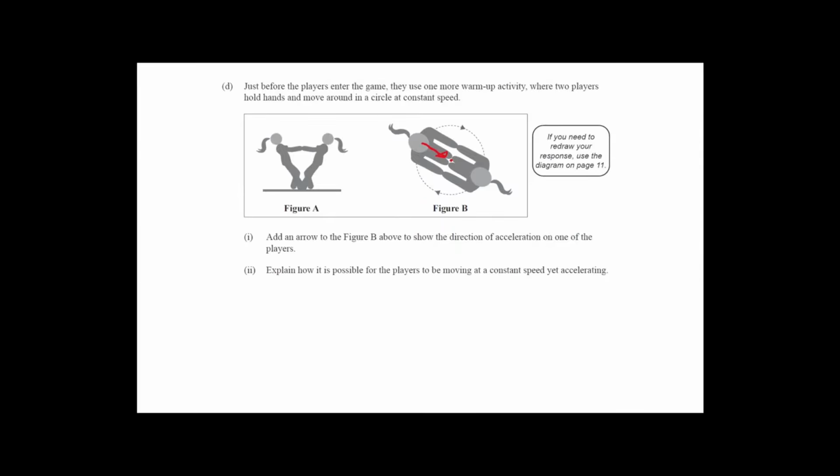Now we're asked to explain why they move at a constant speed, yet they're accelerating. Well, they're moving at a constant speed, but not at a constant velocity. And remember, there's a big difference between speed and velocity. Speed is just how fast you're going.